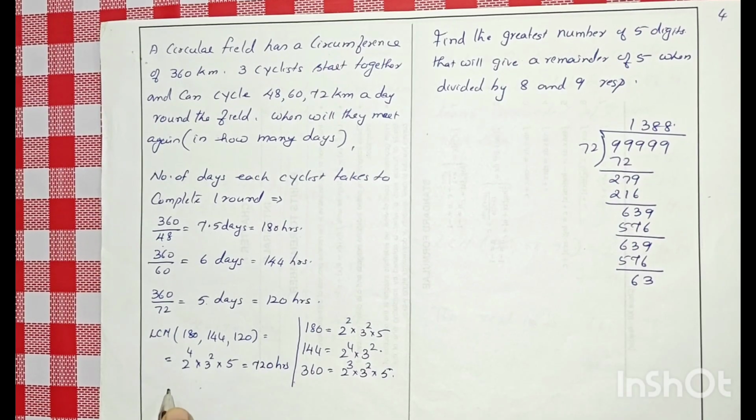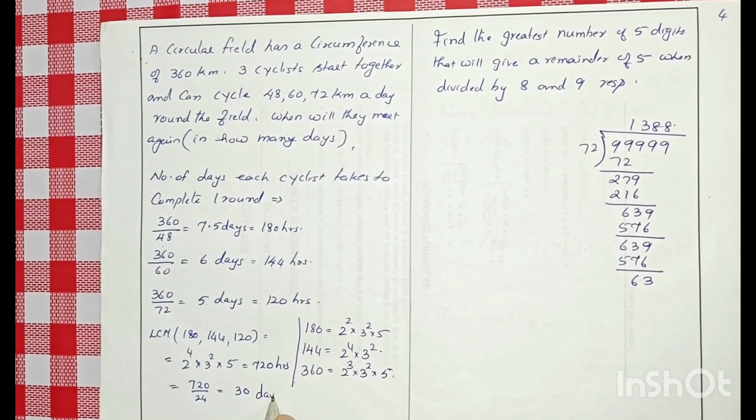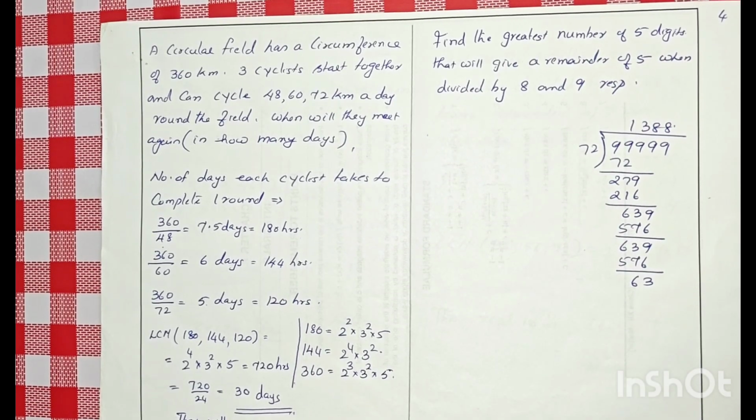So convert it into days. 720 divided by 24, you will get 30 days. So the cyclists will meet after 30 days.